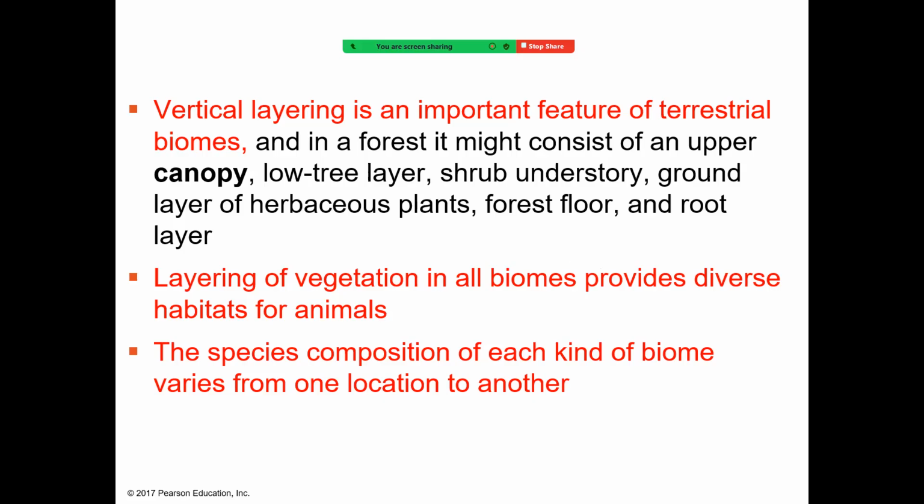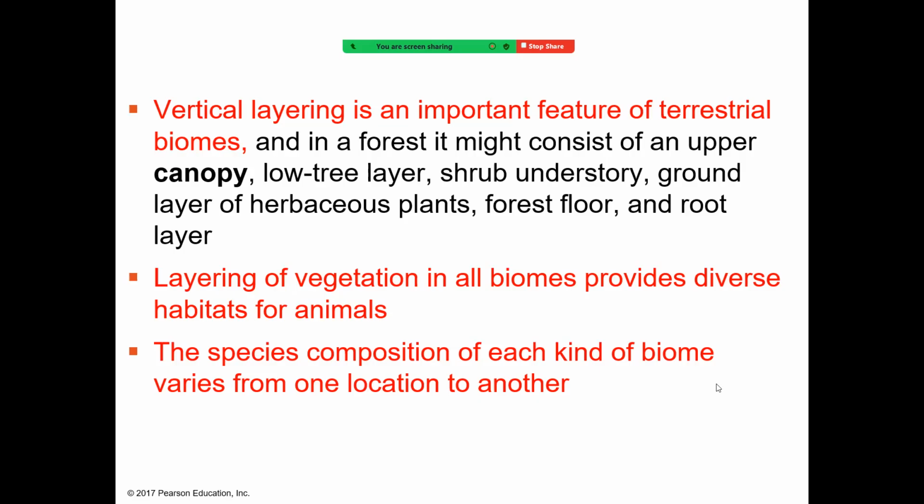And the good thing about this layering of the vegetation is that this provides a lot of diverse habitats and locations for animals to live. That's something that's really interesting, that this allows for diversity in the insects, in the bacterial species, animals, all of these things have various locations that they can live within these forests, which have a lot of vertical layering.